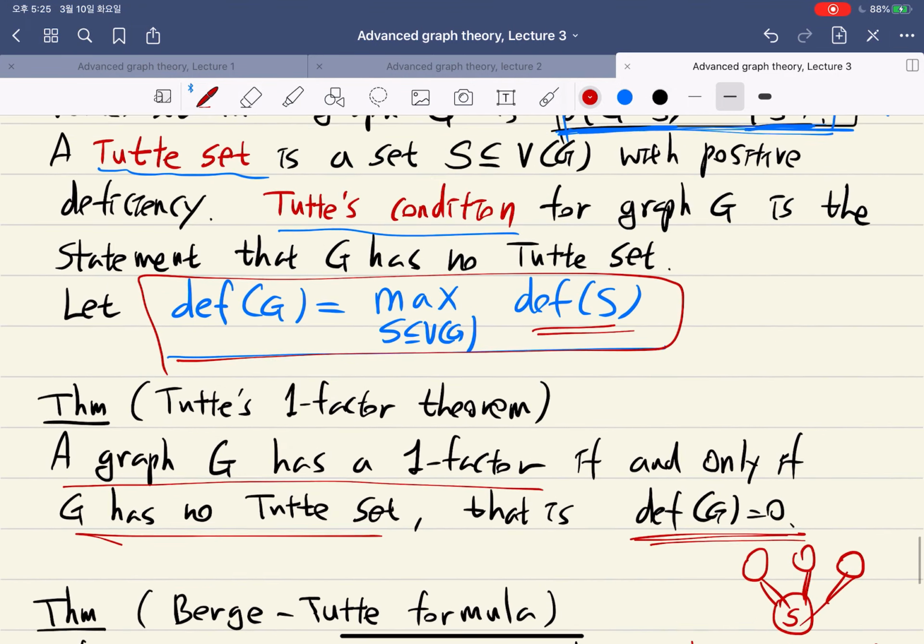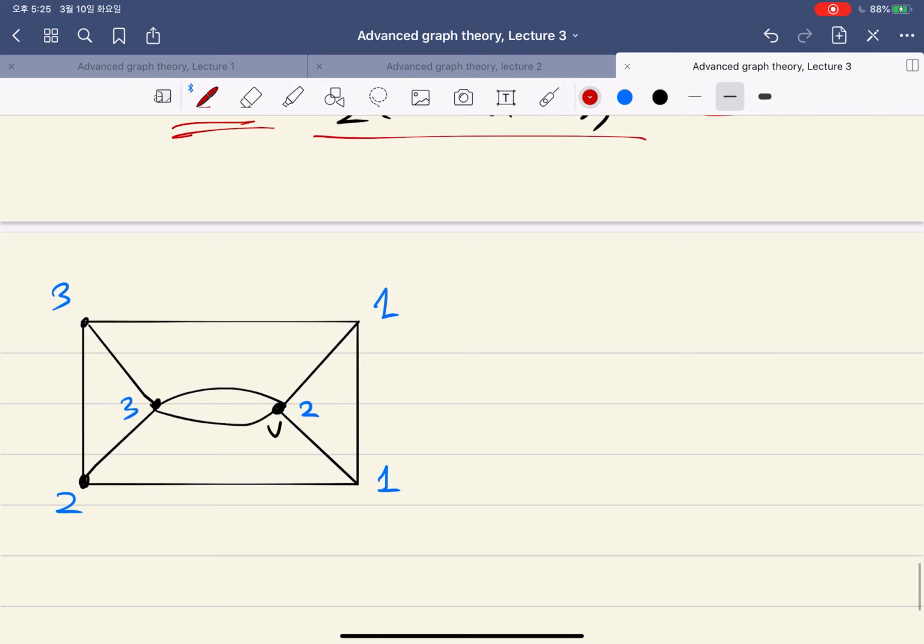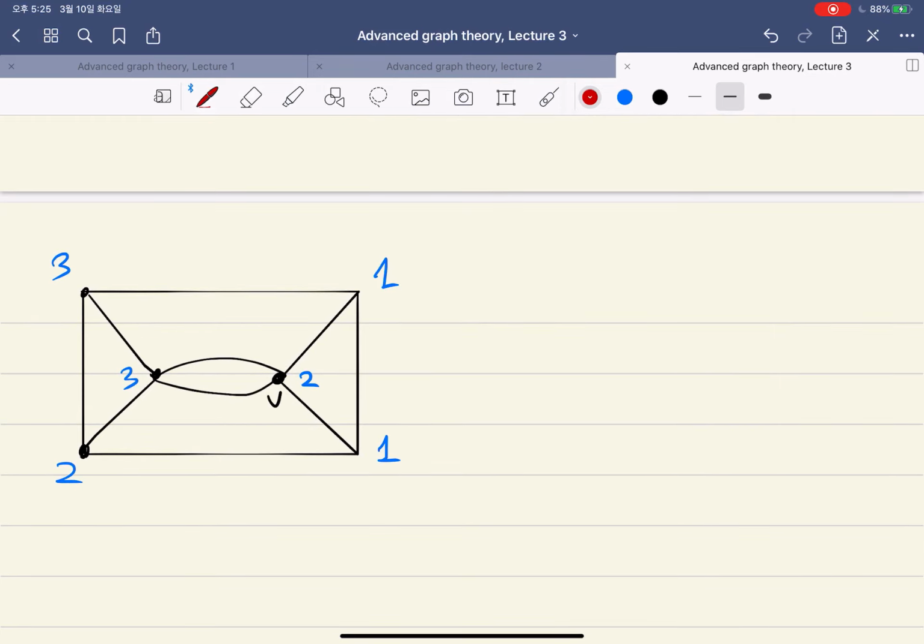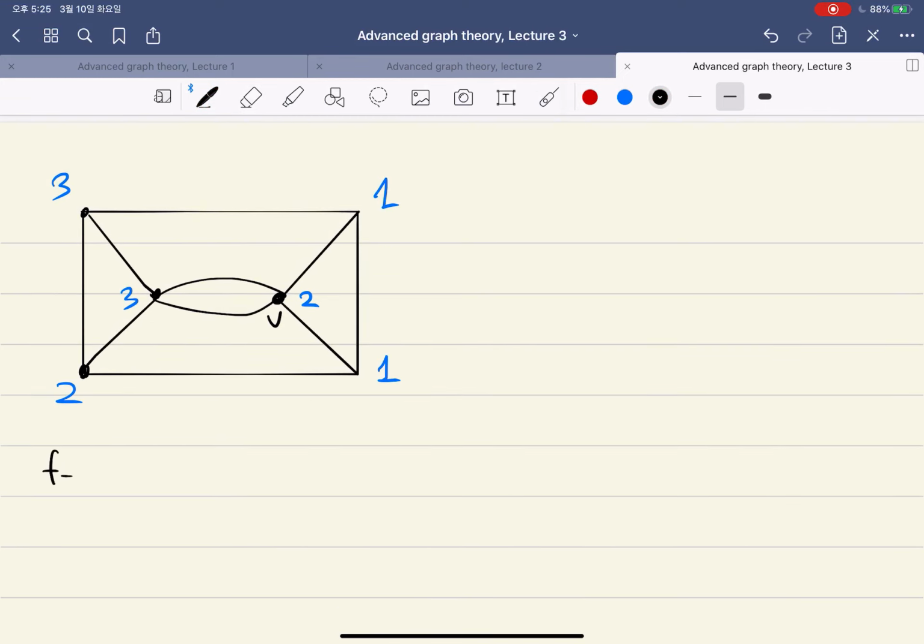So with these theorems in mind, now we want to prove a sufficient and necessary condition for a graph to have an f-factor. For that, there is this useful concept of f-blow-up.